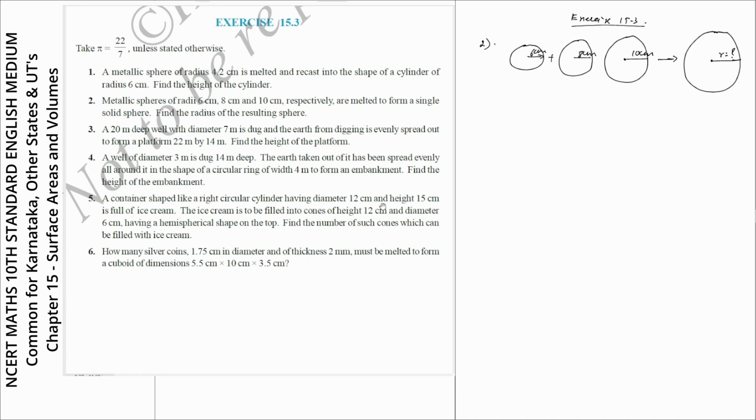Now, the volume of these three spheres is given by 4 by 3 pi r1 cube, where r1 is the radius of the first sphere, plus the volume of the second sphere, 4 by 3 pi r2 cube, where r2 is the radius of the second sphere, plus 4 by 3 pi r3 cube, where r3 is the radius of the third sphere.